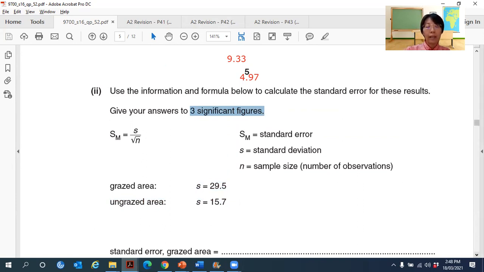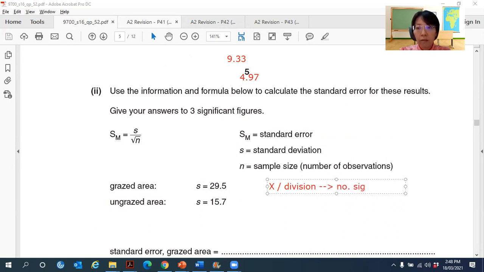When you're asked to do a calculation like this, usually don't round up first until the final calculation. After the final calculation, you round up based on your original data. What is the total number of significant figures, or the total number of decimal places? If your calculation involves multiplication or division, then you have to follow the number of significant figures of your data.